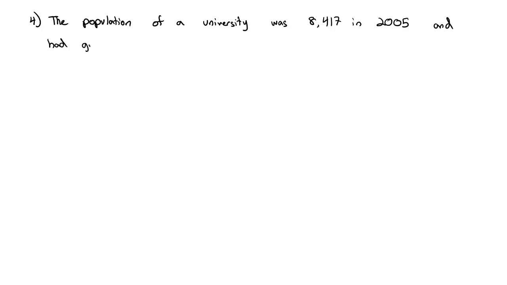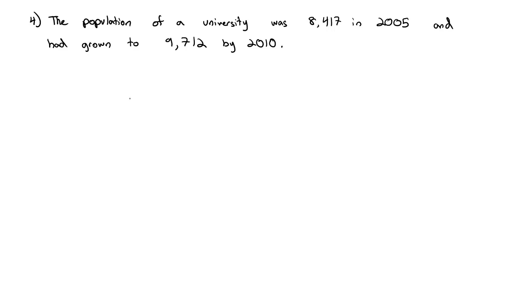For example, if the population of a university was 8,417 in 2005, and had grown to 9,712 by 2010, can we make an equation to model the linear growth of this university's population?